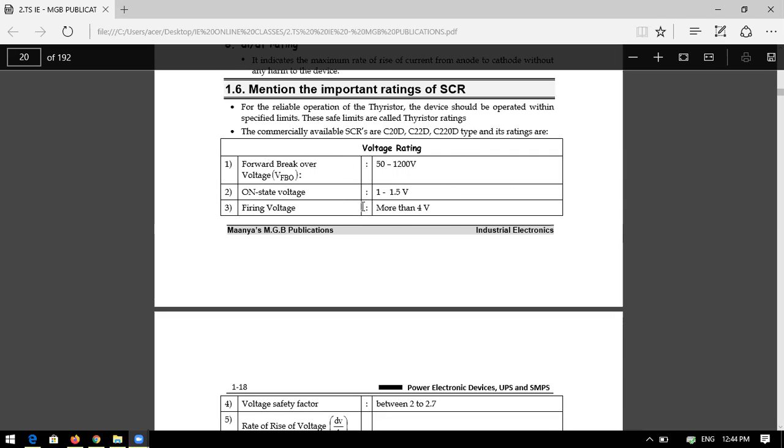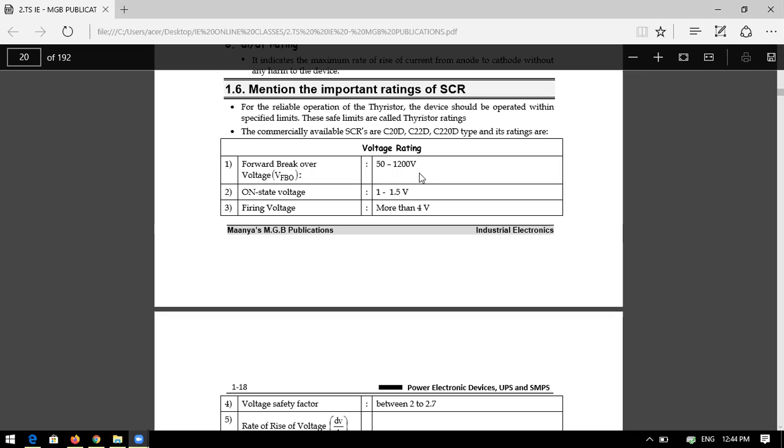You can see here, they are given as specifications for these devices: C20D, C22D, C220D type SCRs. These are the three types of SCRs we have, and the ratings are given. They are the specified safe limits of SCR.